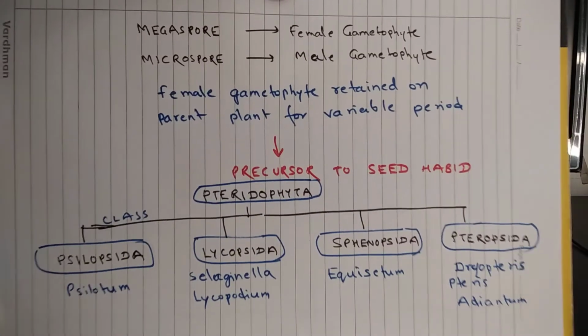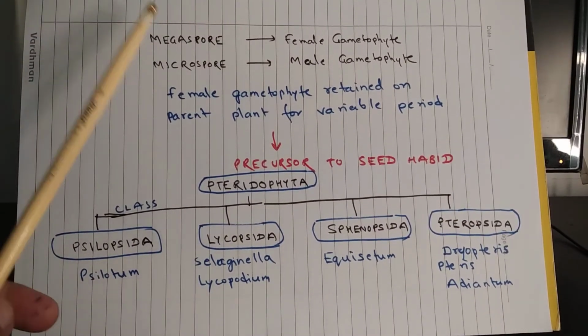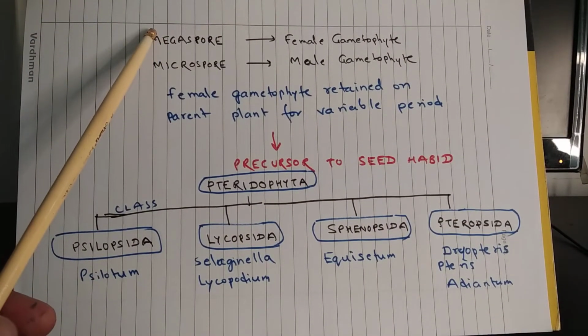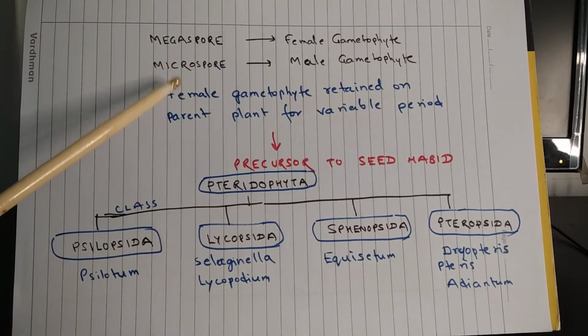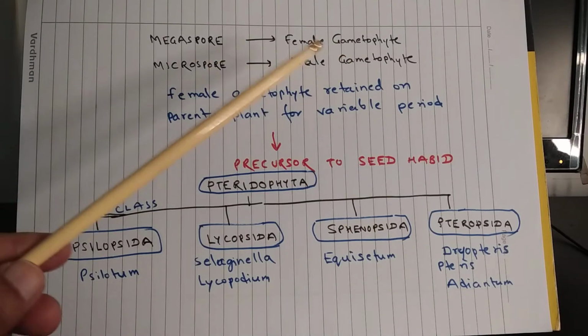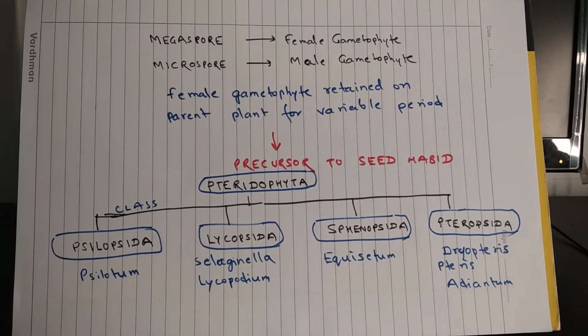The bigger spore is called megaspore and it develops to produce female Gametophyte. The smaller spore is called microspore, which develops to produce male Gametophyte. In some plants, the female Gametophyte is retained on the parent plant for a variable period. And this is very important because this is the precursor to seed habit.